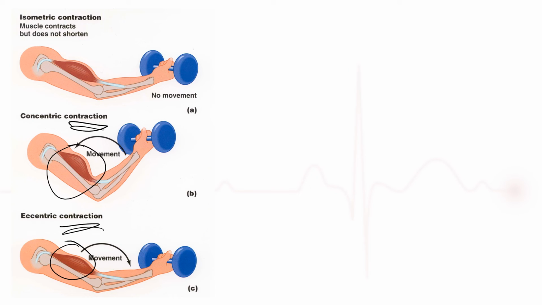Now, a muscle can be generating force in 2 different circumstances. Really 3, but we'll get to that at the end. A muscle can generate force, it can contract, while it shortens, or a muscle can generate force, it can contract, while it lengthens. If a muscle contracts while it shortens, it's called a concentric contraction.